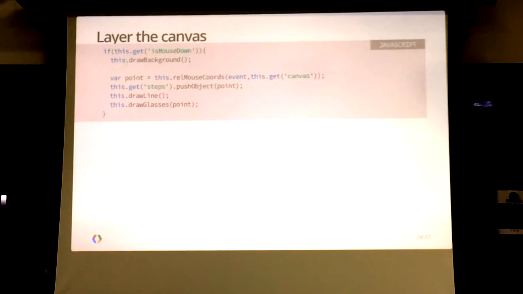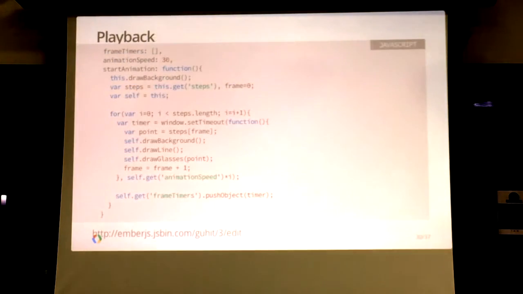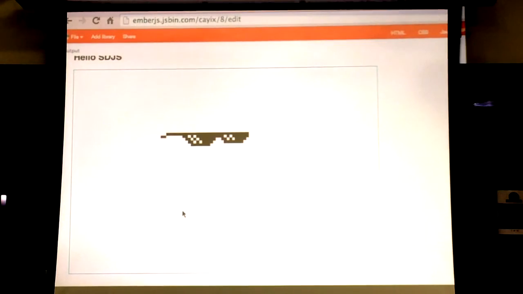So first you have to draw the background. You have to totally clobber whatever's in the canvas and set it up so that you can draw on top of it. If you did the draw background after you did the draw line or the draw glasses, it'd be worthless. You wouldn't be able to see what you had drawn before because it's all in one fell swoop. So do that. Okay. I don't know if I have a demo for that one.